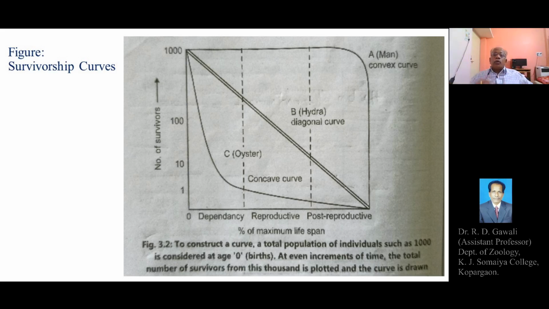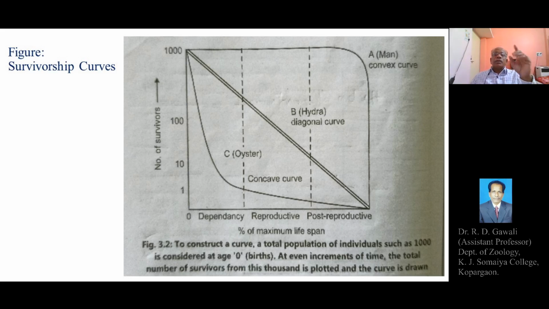reproductive, and post-reproductive. Initially the number of individuals of a population is 1,000 and there are no births. These 1,000 individuals with zero age are initially the young individuals which have just been born.